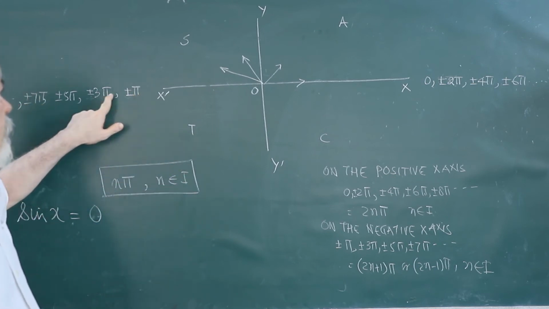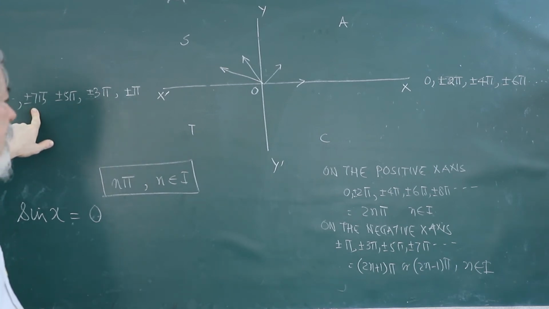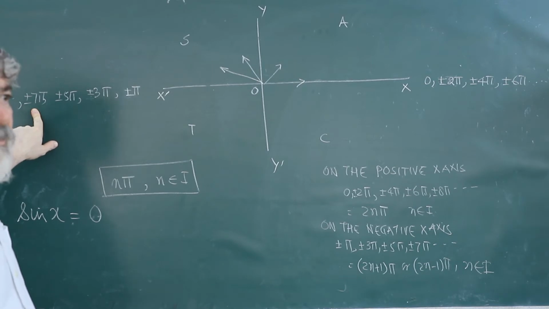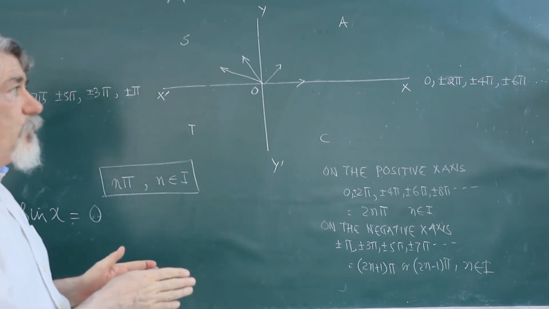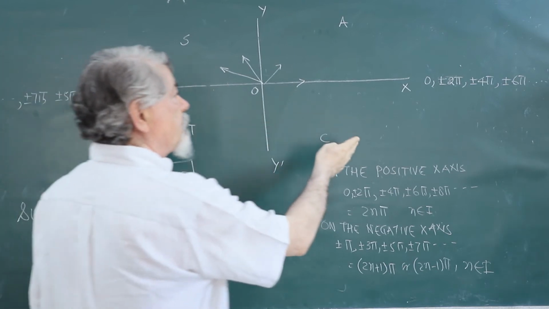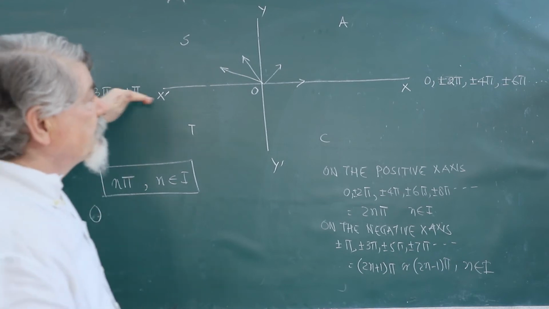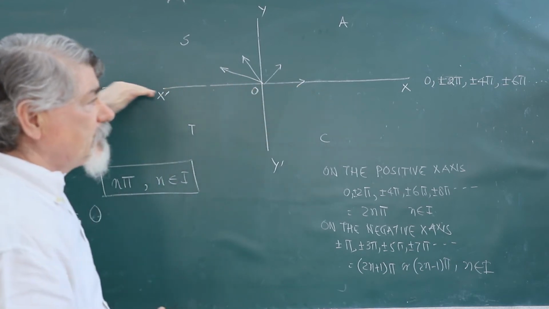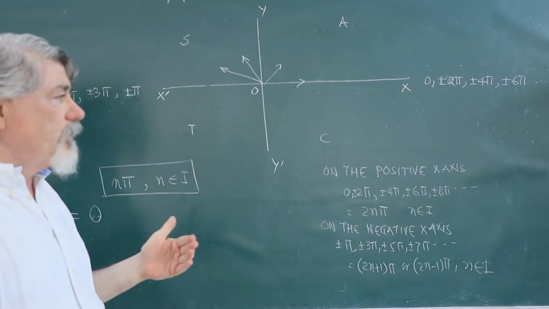Sine pi is 0, sine 3 pi is 0, sine 5 pi is 0, sine 7 pi is 0. So whichever side you go, plus minus of course being considered, on the x-axis sine is 0.